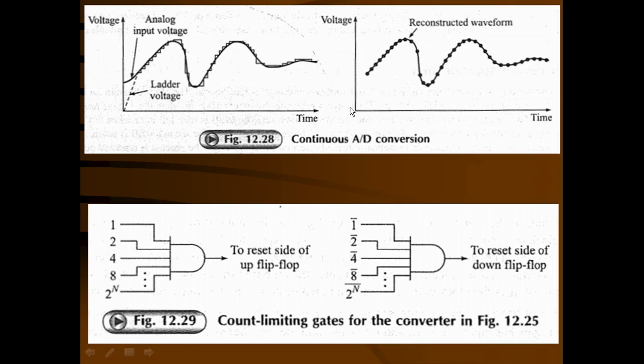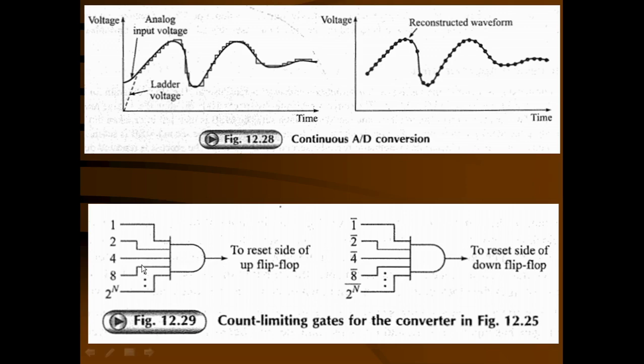That means this continuous A to D conversion method is better even if the frequency of the input signal is larger, meaning the response time of the input signal is very fast or very small. Then also this converter can convert the analog signal into digital form.